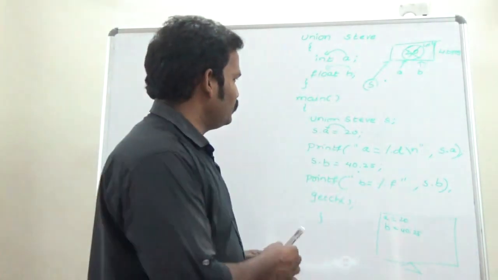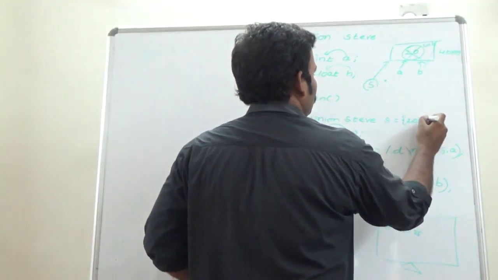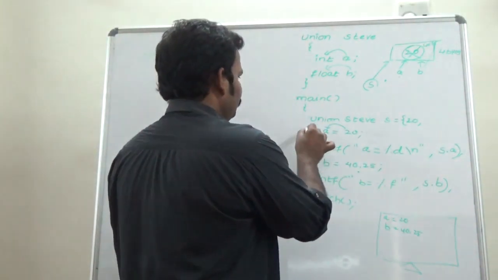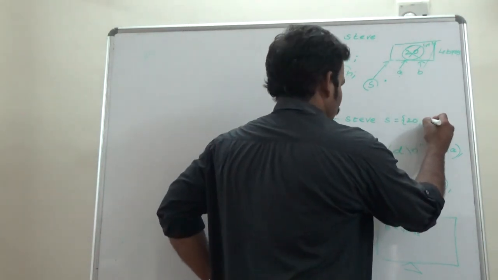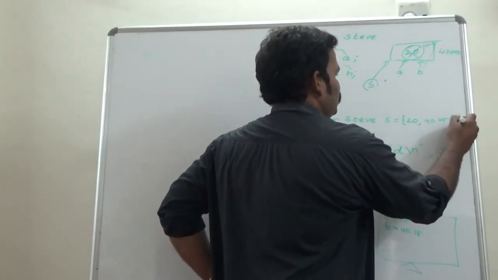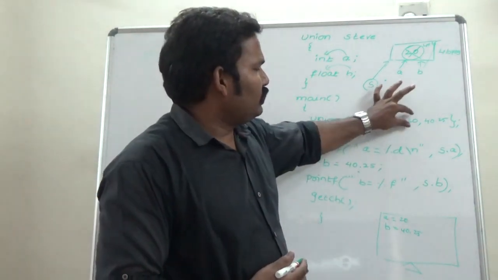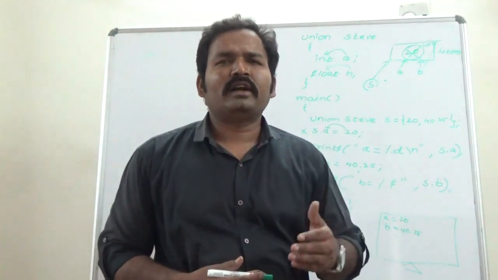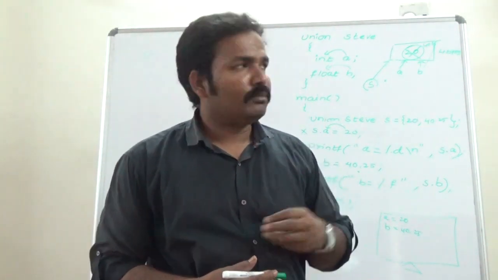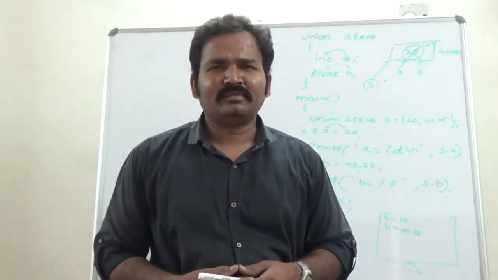Is it possible to write S is equal to 20 comma 40.25 instead of writing these two statements? Not at all possible. Suppose to store these two elements we require 6 bytes, but how much memory is actually allocated? 4 bytes.